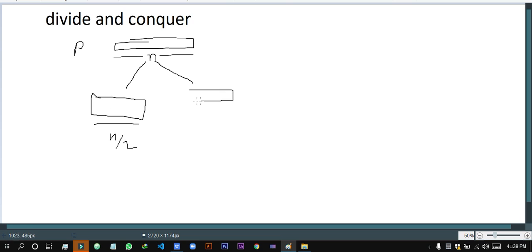I just divided this problem into two sub problems. So this problem has been distributed into two sub problems, and their size is n by 2.